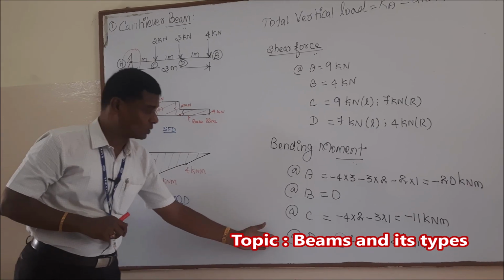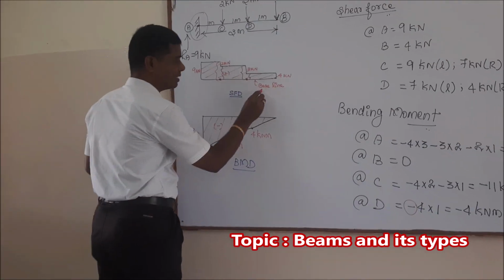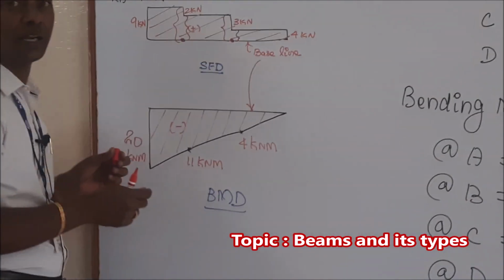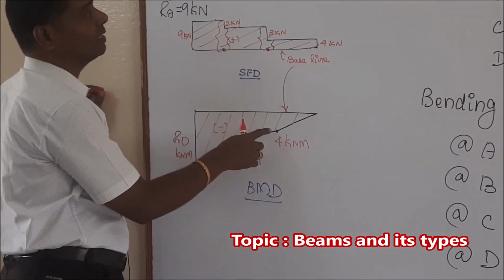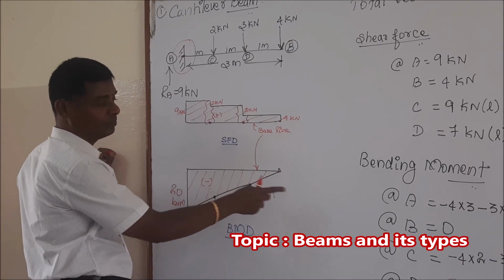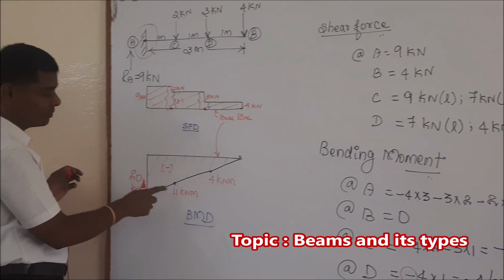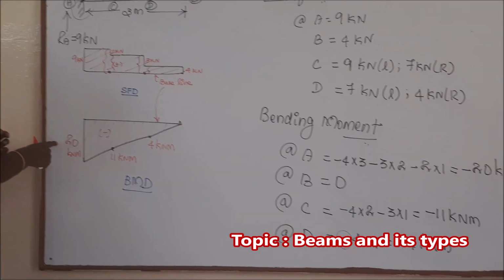Based upon these values, we will plot this bending moment diagram. Once again, we consider the same baseline, and all the values we got are negative. Therefore, we plot accordingly in the negative direction. That is, at the point B it is 0. Similarly, at the point D, the bending moment value is -4 kilonewton meter, the bending moment value at C is -11 kilonewton meter, and at the point A, it is -20 kilonewton meter.